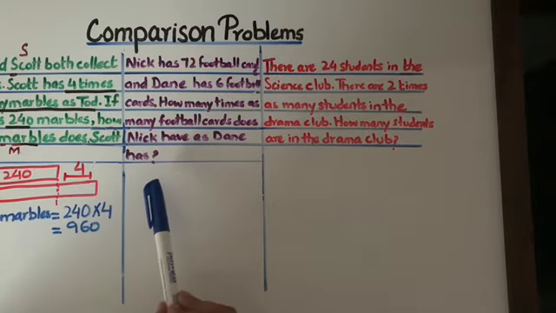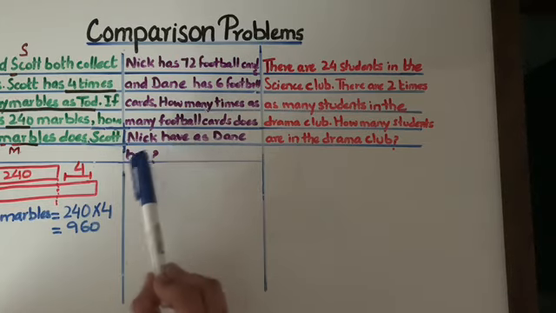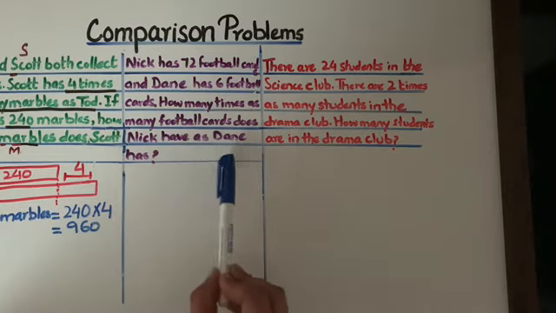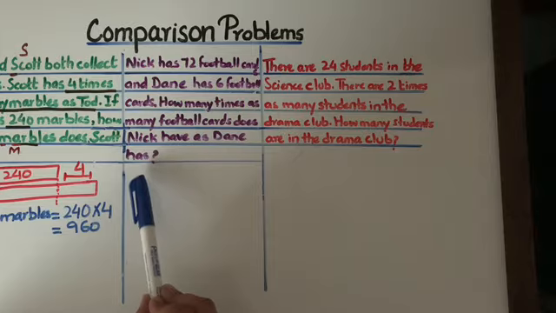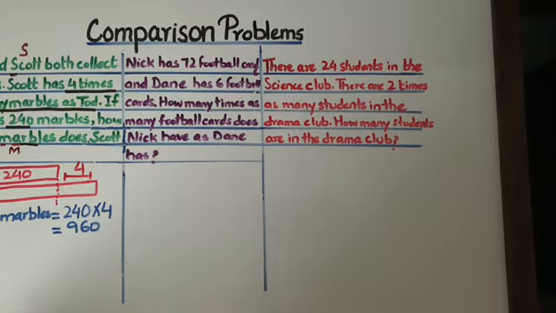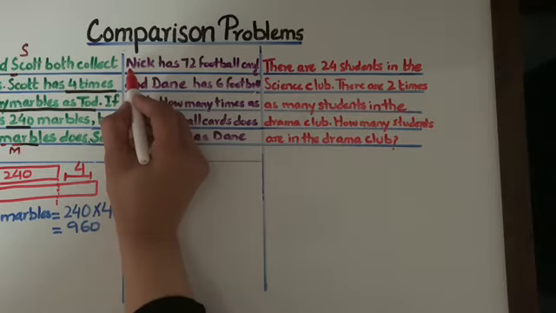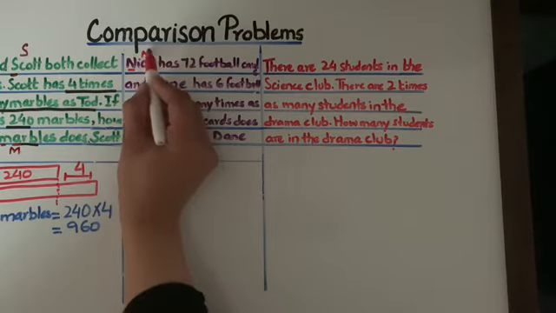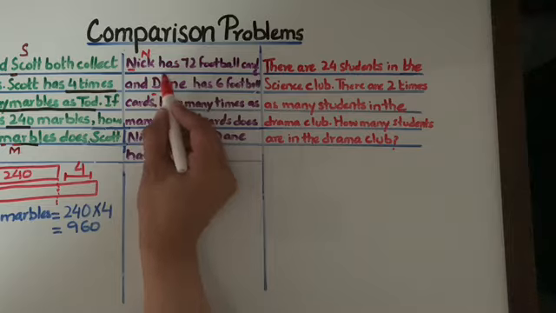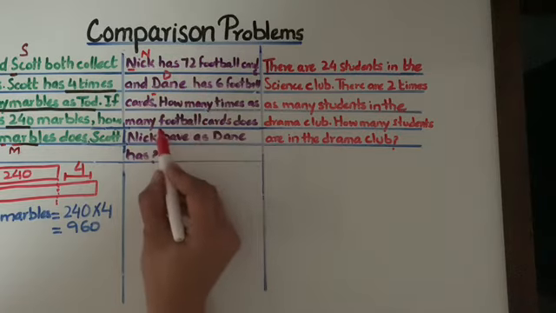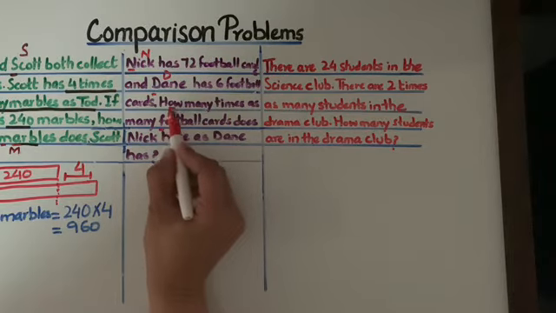Let's read this problem. Nick has 72 football cards and Dane has 6 football cards. How many times as many football cards does Nick have as Dane has? Let's draw the comparison bar. So I'm going to use N for Nick, D for Dane, and F for football cards.